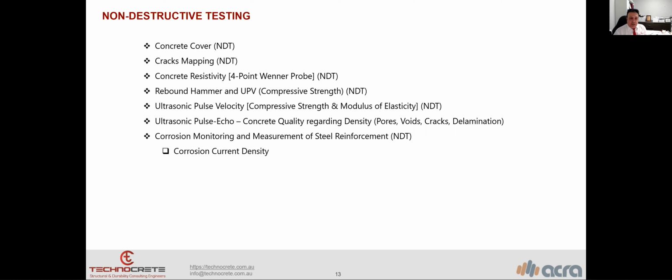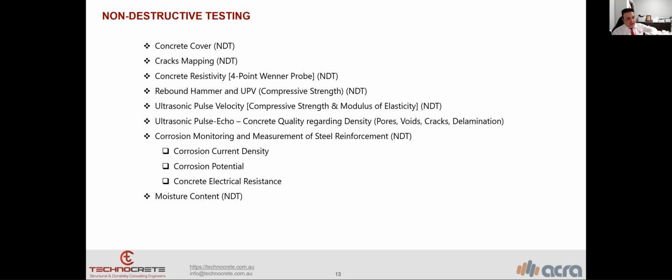The galvanostatic pulse technique is the most reliable and accurate system for monitoring and measurement of corrosion of steel reinforcement. With it, we can achieve corrosion current density, which tells us the rate of conversion of steel reinforcement to rust, as well as corrosion potential and concrete electrical resistance.